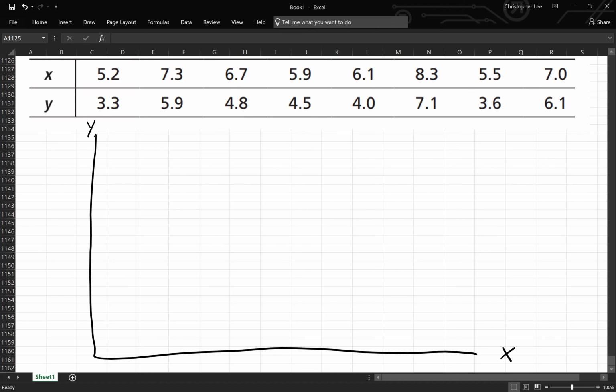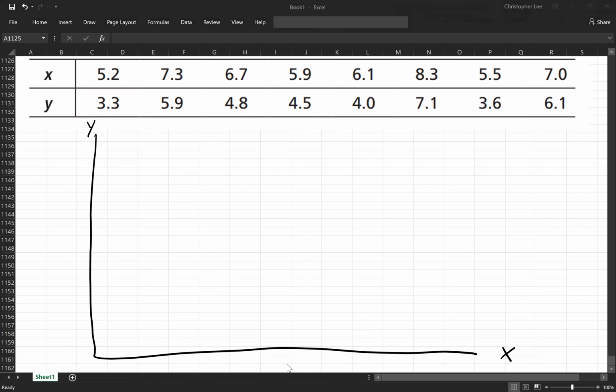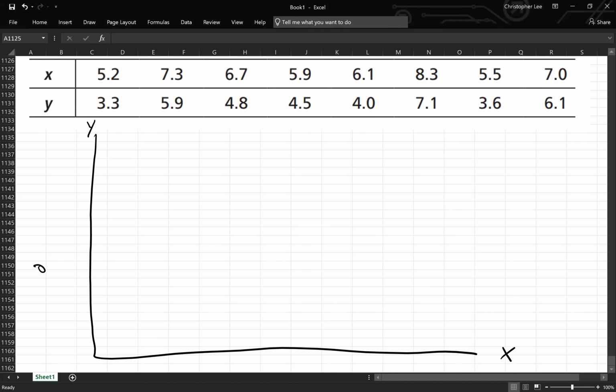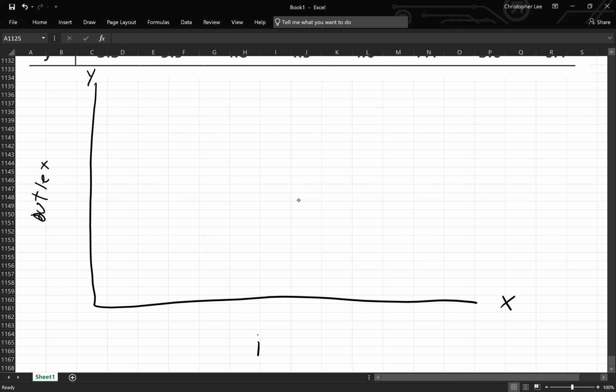All right. So my y-axis, this is for my outlet. This is the outlet. That's supposed to be an O. And then X is the inlet. This is just from the story.